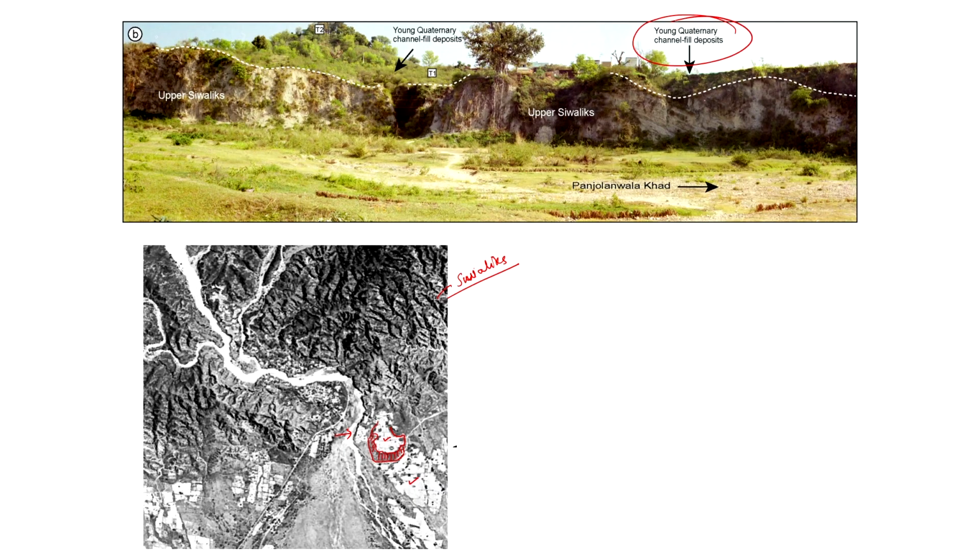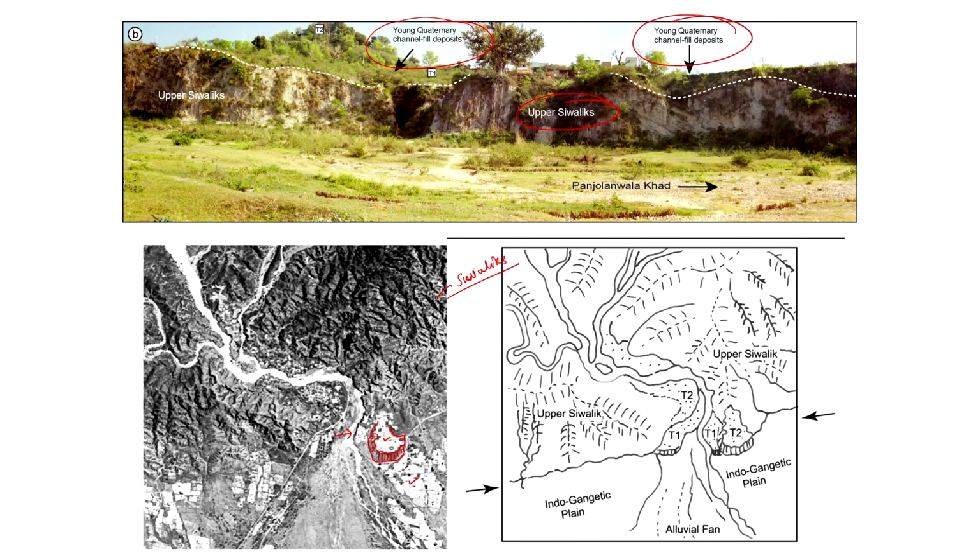If we see from the side, we see the upper Shivaliks, and on top is your alluvium. So this is typical of the strath terrace. This is a sketch of that, and we have marked the paired terraces here. This is exactly the portion I was showing, and at the base we have the T0, and this is T1 or T2, whatever nomenclature you want to mark.